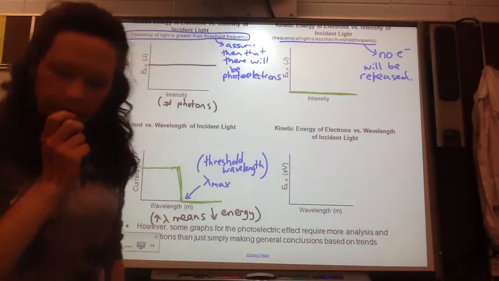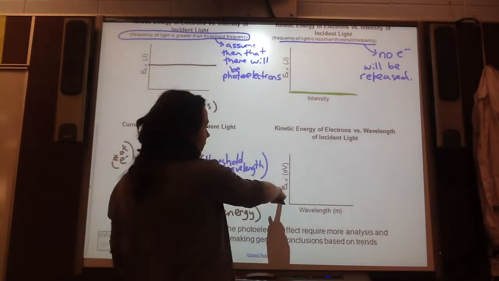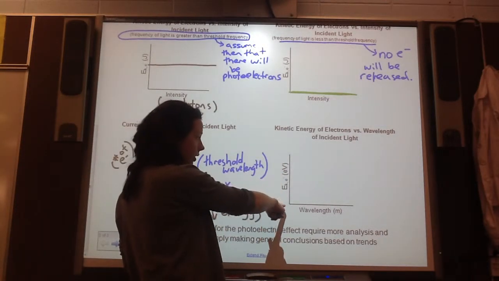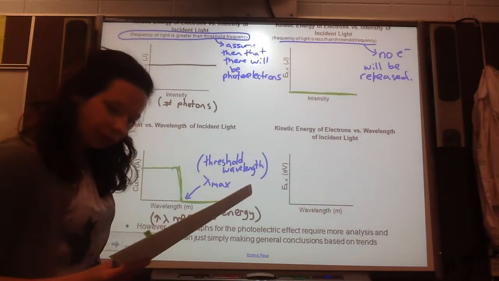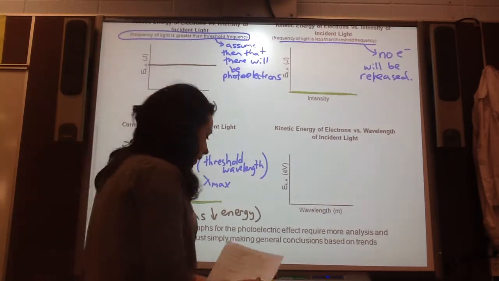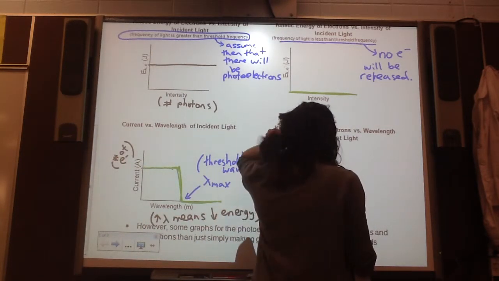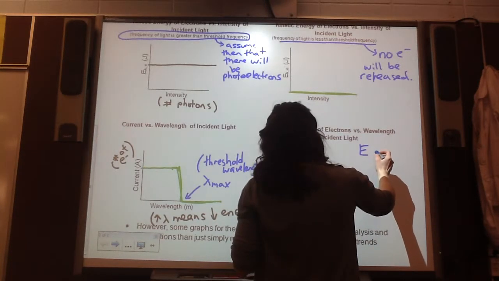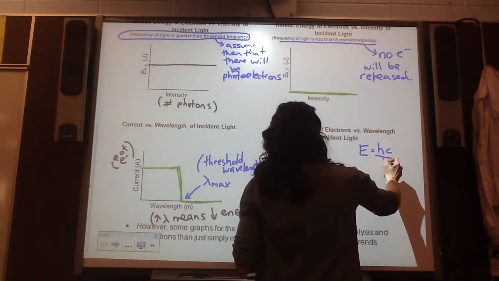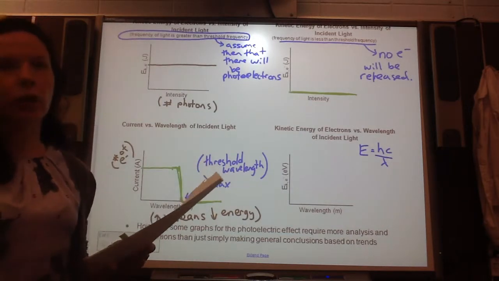Okay, so how about this one, where we have the kinetic energy of the emitted electrons versus the wavelength of the incident light. Let's think about this. If we're dealing with energy, we have E equals hc over lambda, and then there'll be the work function too.